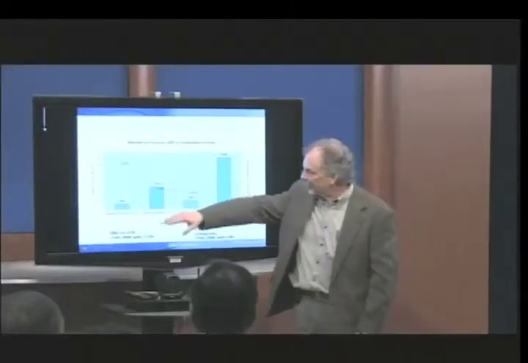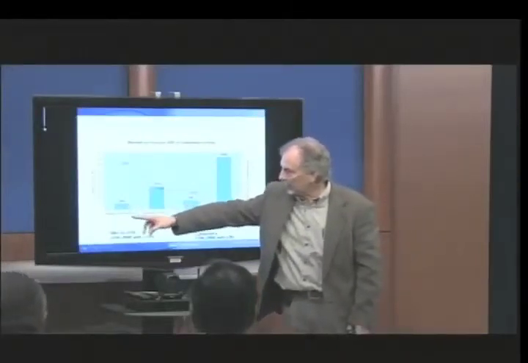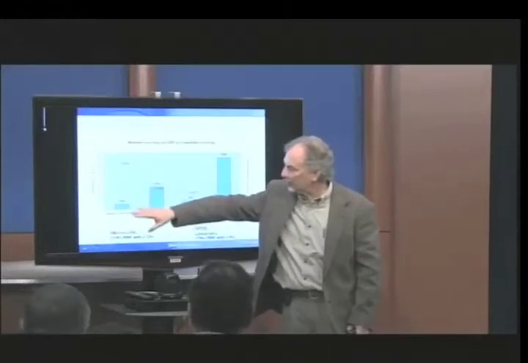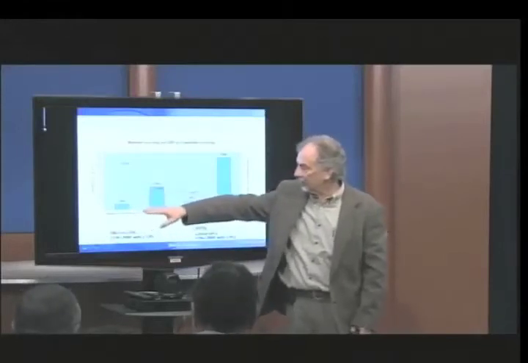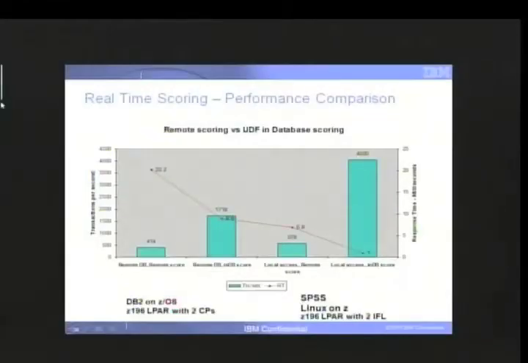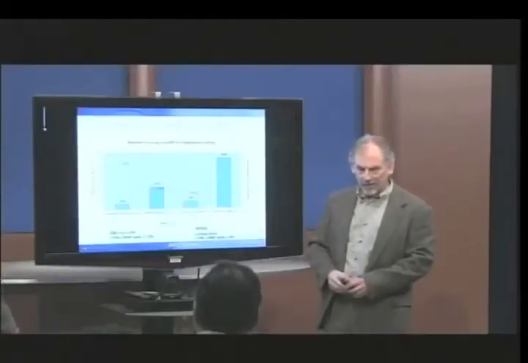Here you see for one case, basically one comparison, we went from 414 transactions per second to 1,700, about a 4x improvement, and the response time was cut by more than half. And in this other case, we improved by about, I think it was, 7x, and we went from 7 seconds to a second of response time.